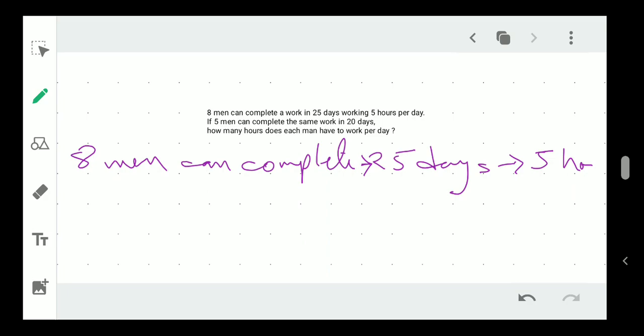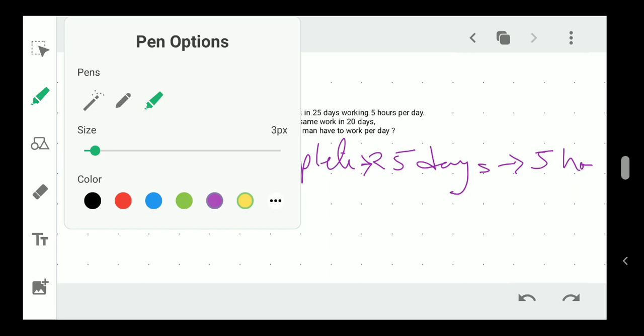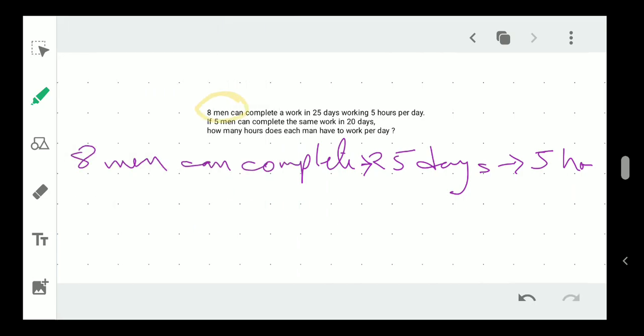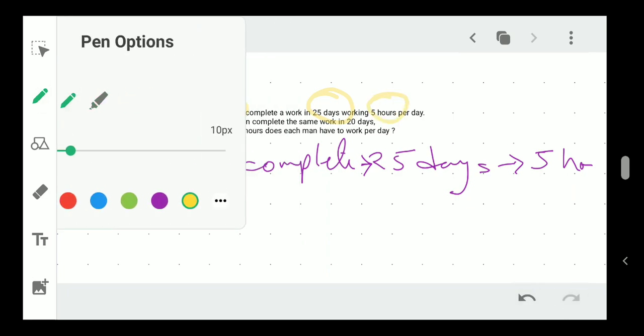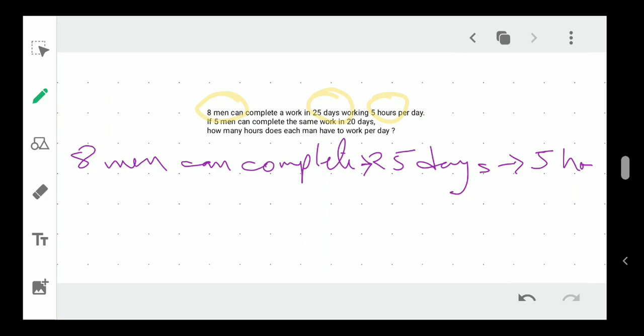So in this situation, when you have 3 quantities here, 8 men, days and hours, we have to do it one by one. We have 3 things: 8 men, 25 days and 5 hours. First I will write one man.